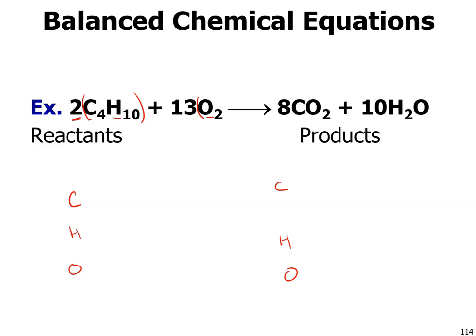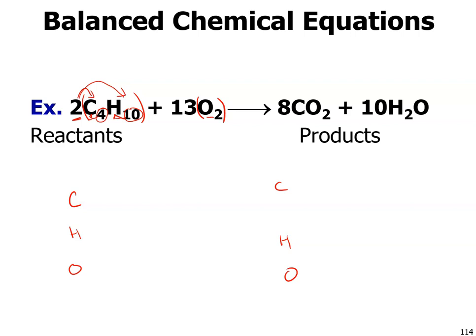This 13 means there are 13 molecular oxygen molecules. Remember, the subscripts refer only to the element that's right in front of it. So there are 4 carbons in this molecule. There are 10 hydrogens in this molecule. So when I do this, I need to multiply that value throughout the molecule.